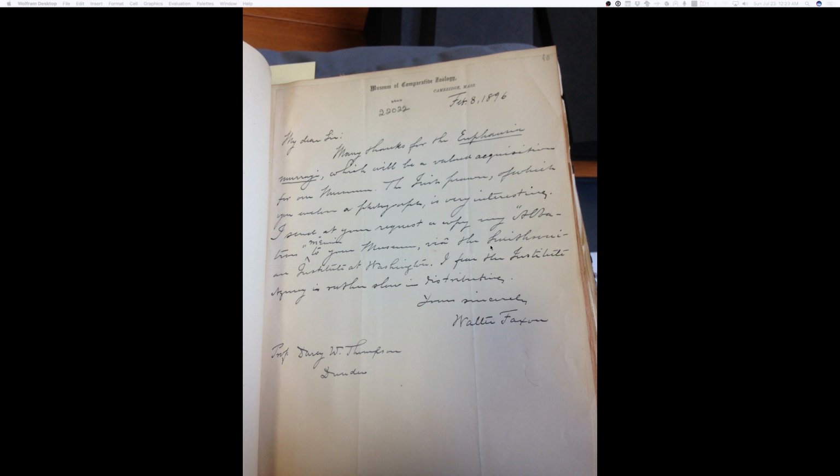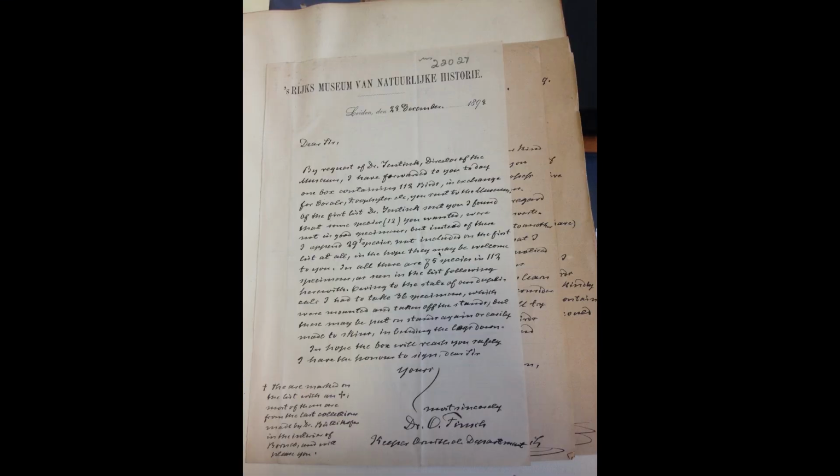The Smithsonian Institute at Washington. I fear the Institute is rather slow in something. I can't read that. Okay. That looks like a Dutch museum.